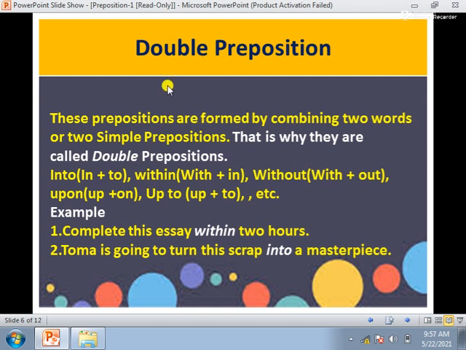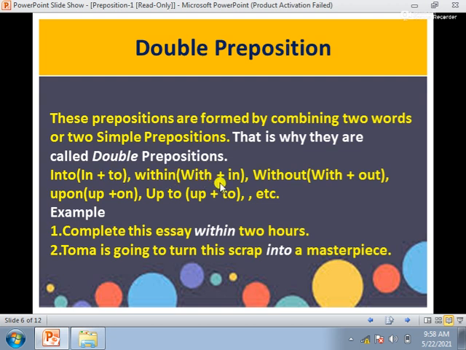Next one, double preposition. These prepositions are formed by combining two simple prepositions, that's why they are called double prepositions. For example, into: in the preposition into, two prepositions have been added, in and to.